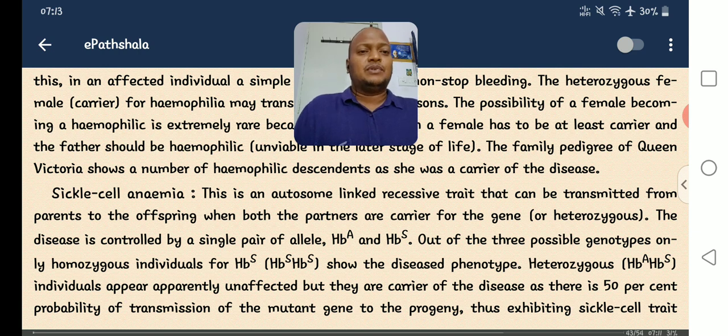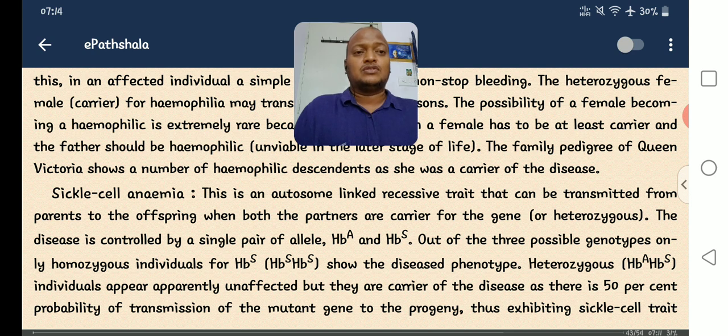So the parents are carriers for the gene, which means the parents are heterozygous.